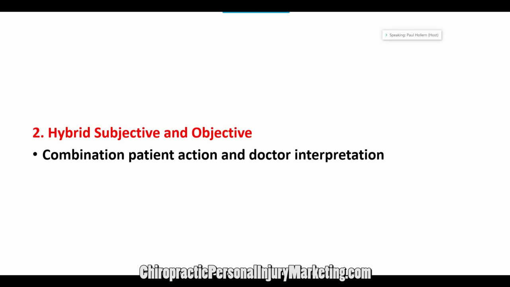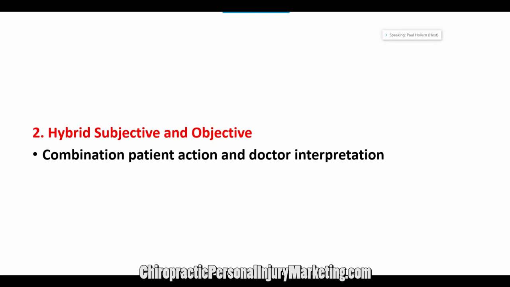And then when you get into the orthopedic tests, the orthopedic tests, for the most part, are hybrid. There is one test that is totally objective, and it essentially measures the blood pressure rate. A person cannot control their blood pressure rate. That's an autonomic nervous system.